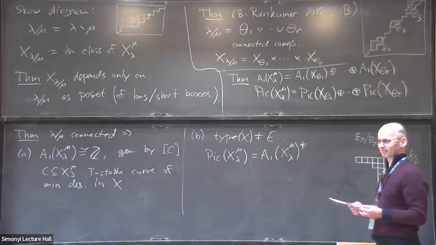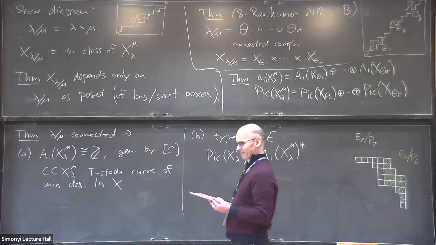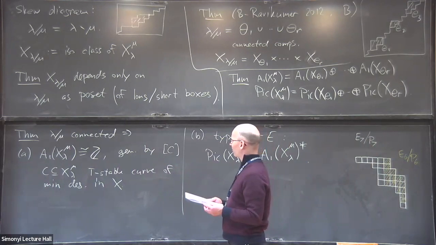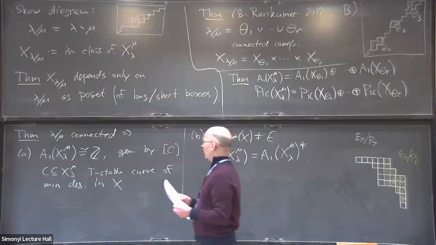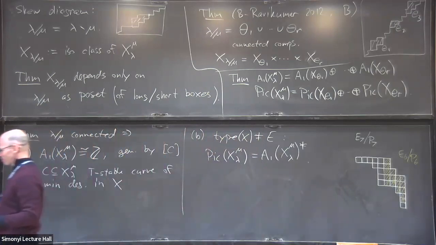Do the T-stable curves that come from parabolic subgroups have minimal degree? The edges in the GKM graph, the T-stable curves that come from parabolic subgroups, one parameter subgroups between T fixed points. The degree of a curve is given by a root, and the co-root gives you the degree of the curve, right?